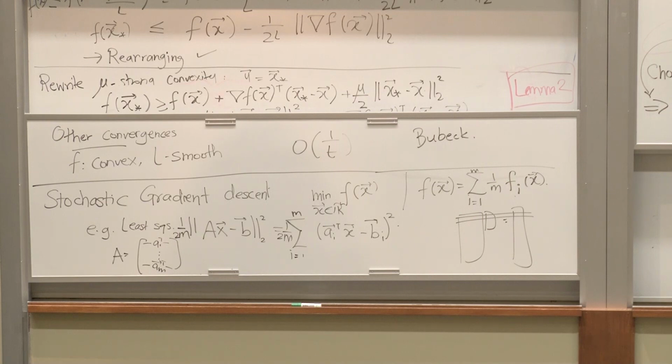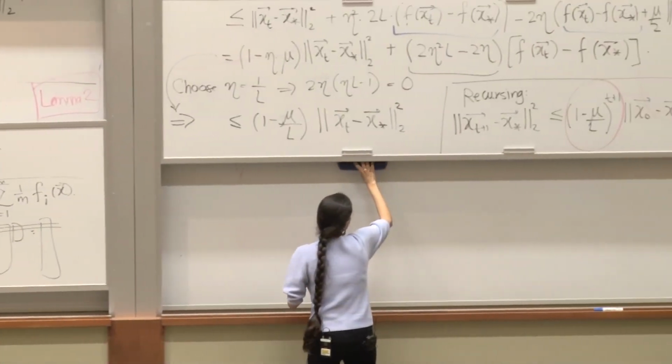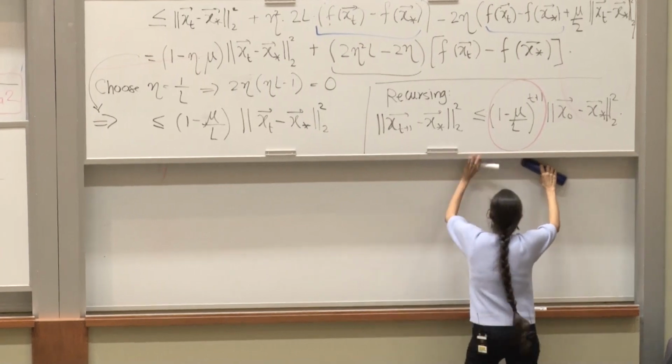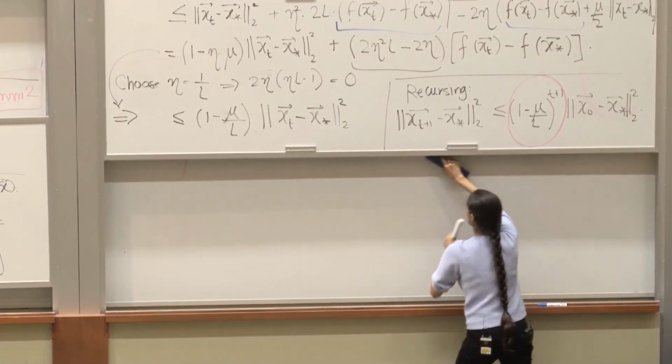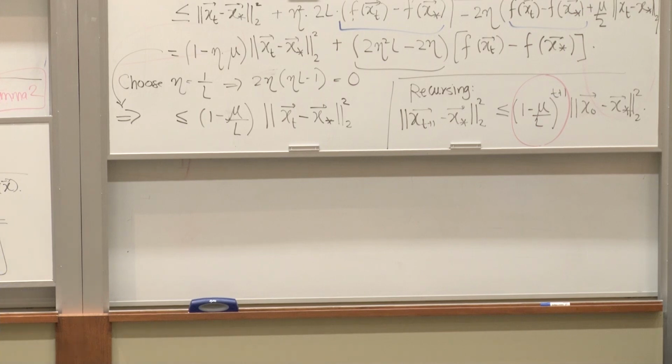So why would we consider some variation on gradient descent? Stochastic gradient descent is a modification specifically thinking about the case where evaluating the gradient, or having access to the full gradient at every time step, is too costly.